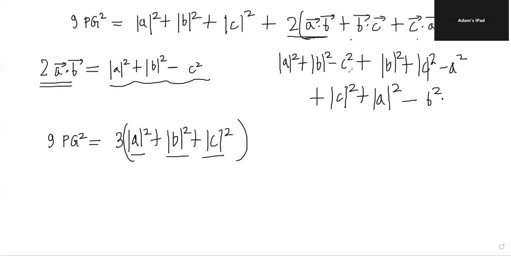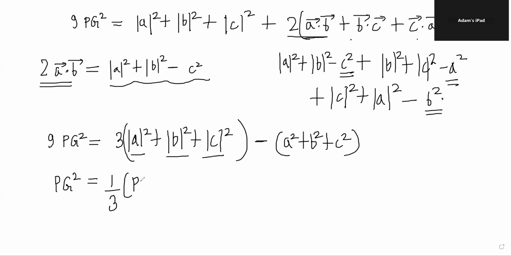And this C and A and B are sides. So you're getting minus A square plus B square plus C square, which is side length of the triangle, right? So you're getting PG square is equal to 1 by 3 PA square plus PB square plus PC square minus 1 by 9 A square plus B square plus C square.